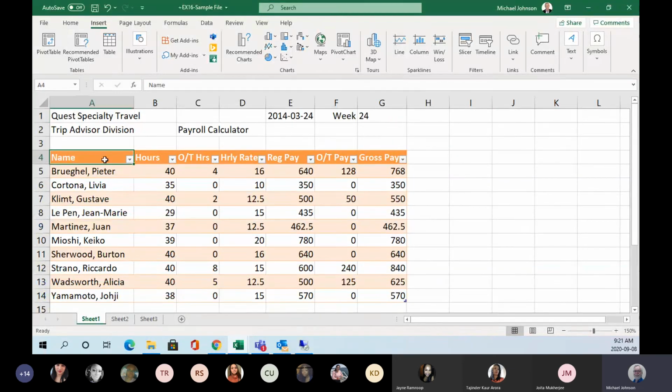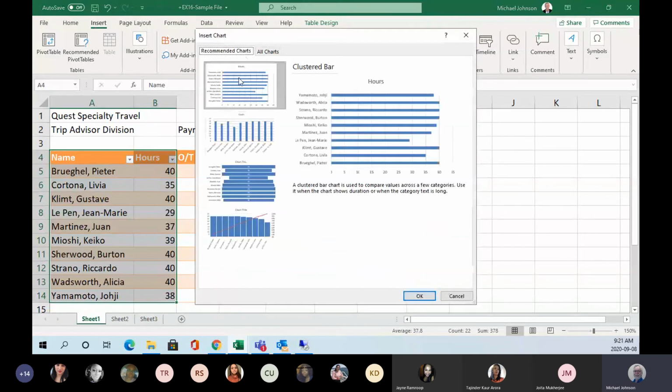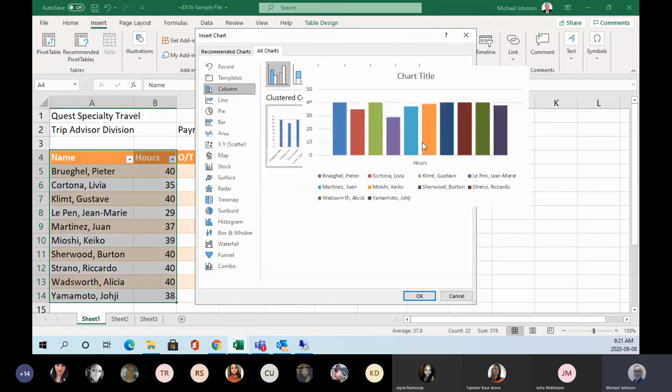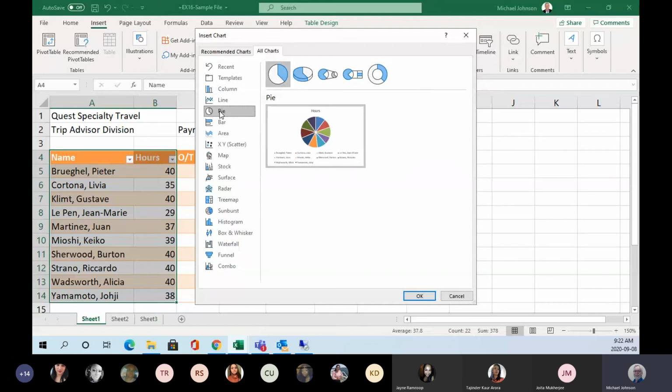Highlight the information that you want to make a chart out of, and then simply go to Insert. You could either choose Recommended, which will give you recommendations as to what the computer thinks would probably represent your data the best, or you can decide All Charts and choose the type of formatting you would prefer, something that you like better than something else.